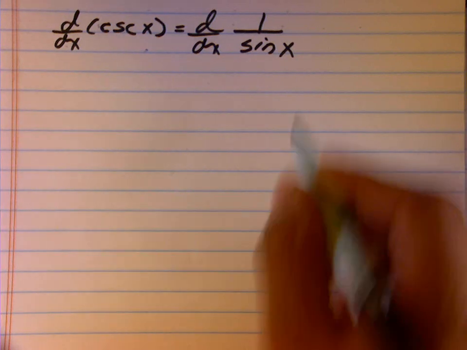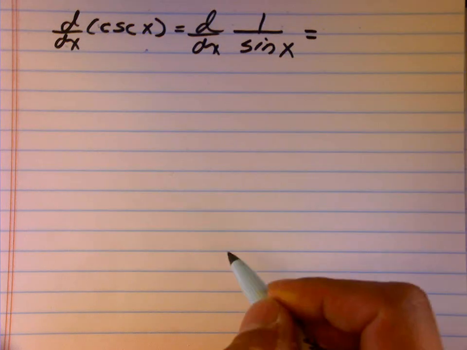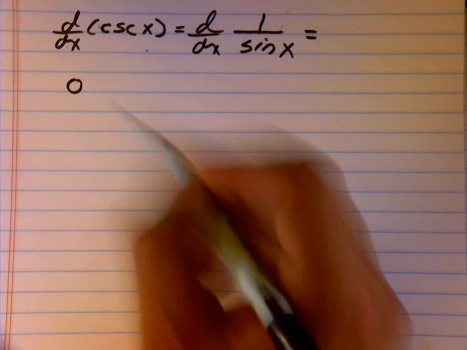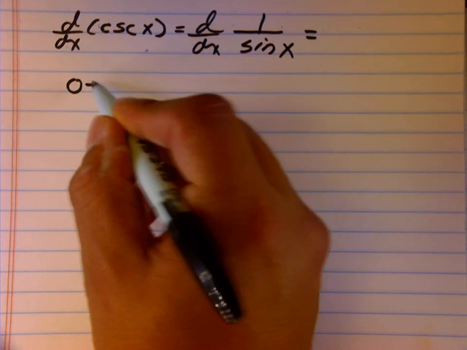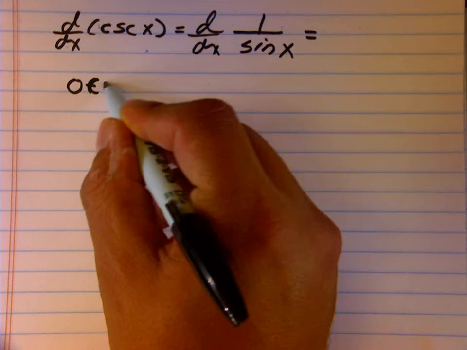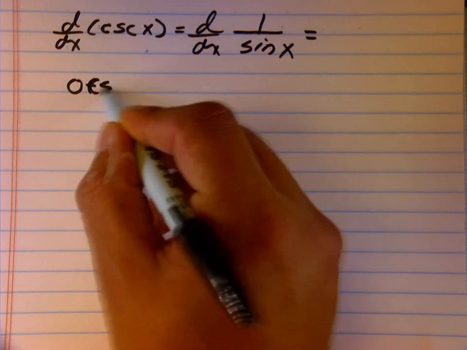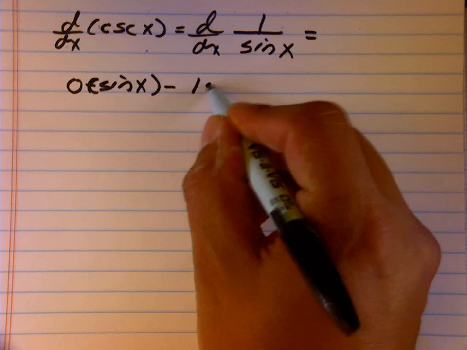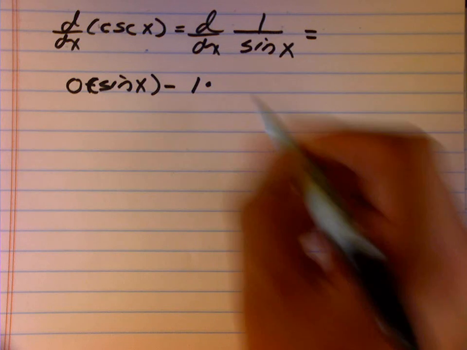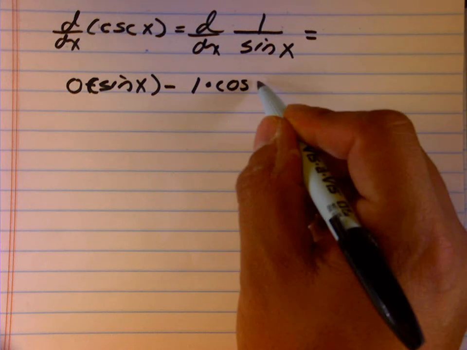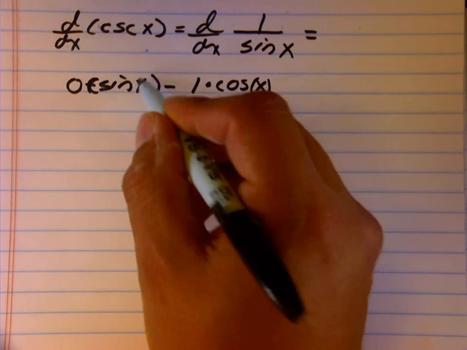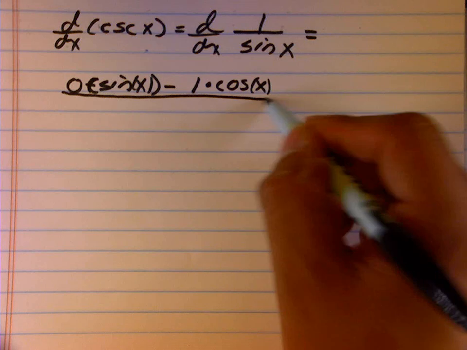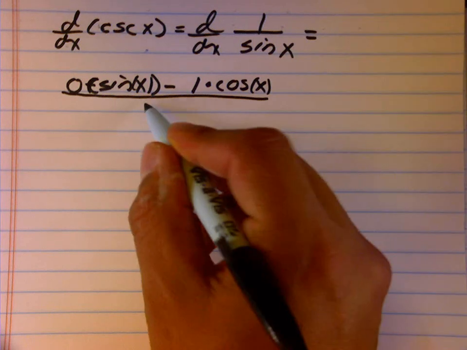When I take the derivative of this using the quotient rule, it's the derivative of the top, which is 0, times the bottom, minus the top times the derivative of the bottom, which is cosine of x, all over the bottom squared.